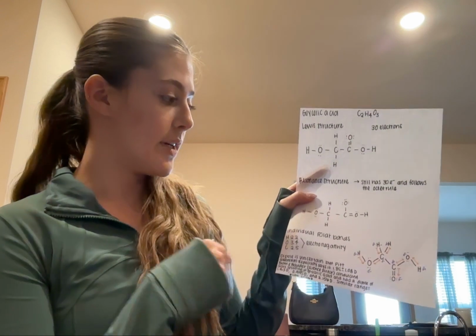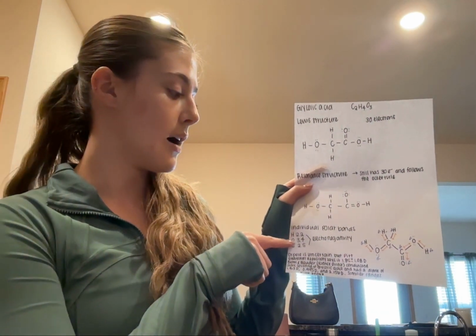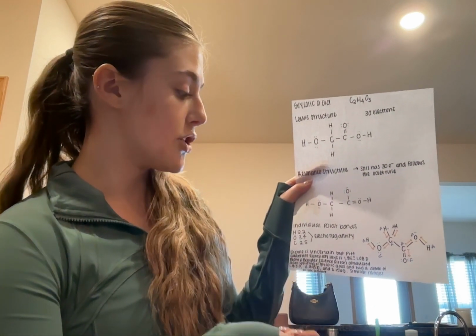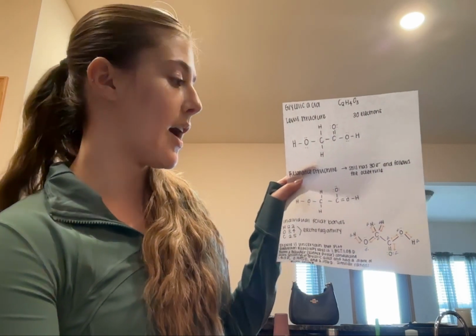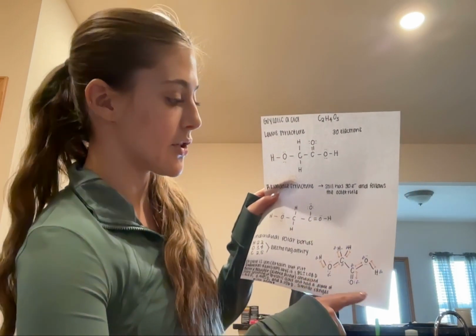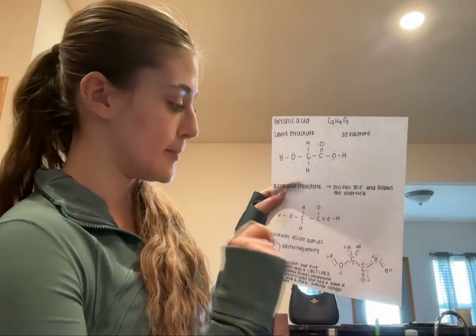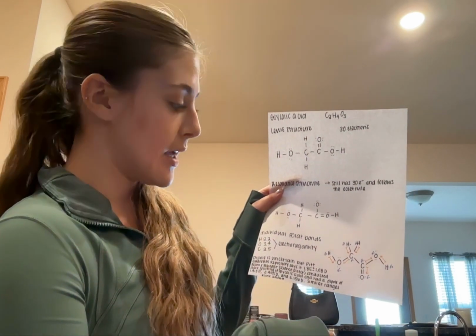Getting into individual polar bonds, I went ahead and listed the electronegativity for each atom here. So H is 2.2, oxygen is 3.4, carbon is 2.5. So here we can start to see the geometry coming in, and we still have our 30 electrons.